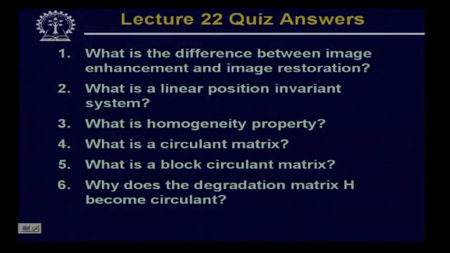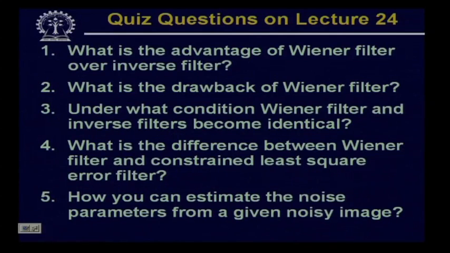So, with this we complete our discussion on image restoration. Now, let us have some questions on today's lecture. The first question: what is the advantage of Wiener filter over inverse filter? The second question: what is the drawback of Wiener filter?